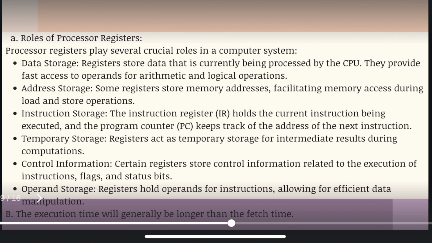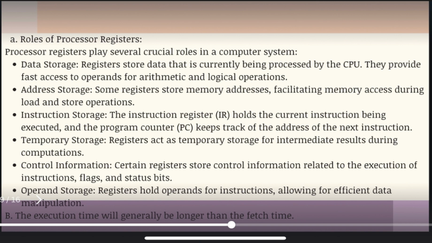Registers act as temporary storage for intermediate results during computations. So the control information, we have certain registers that store control information related to the execution of instructions, flags, and status bits. Then operand storage. Registers hold operands for instructions, allowing for efficient data manipulation.